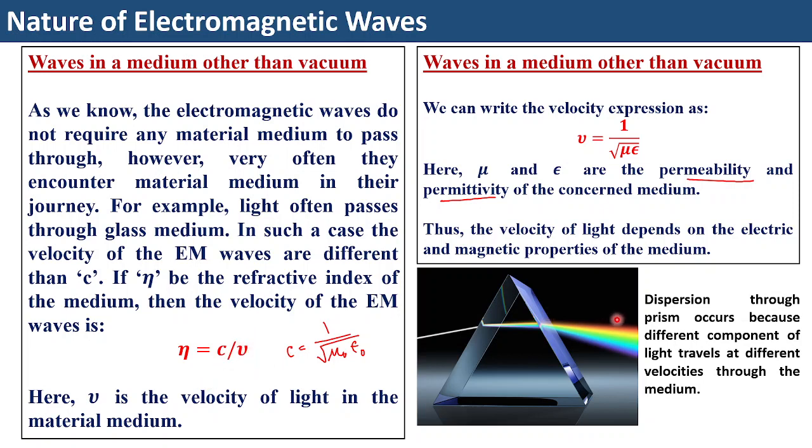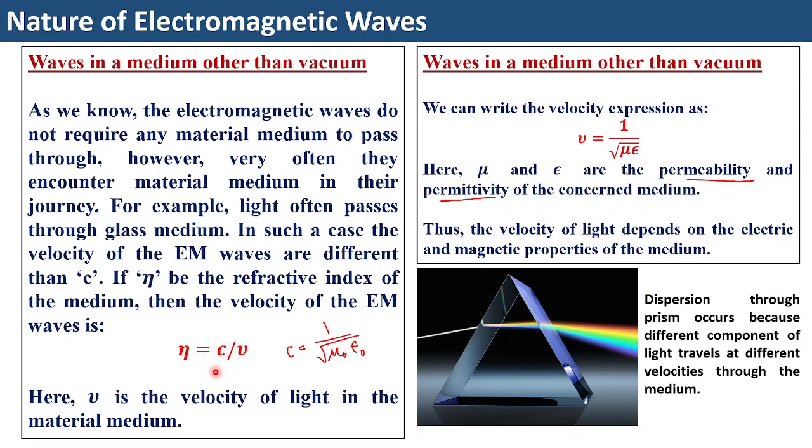So the velocity with which red light travels inside the prism is not exactly equal to the velocity at which the violet, yellow or green component of light travels within the medium. So their velocities are different. A refractive index difference means there is a velocity difference also, because they are related, as we can see.